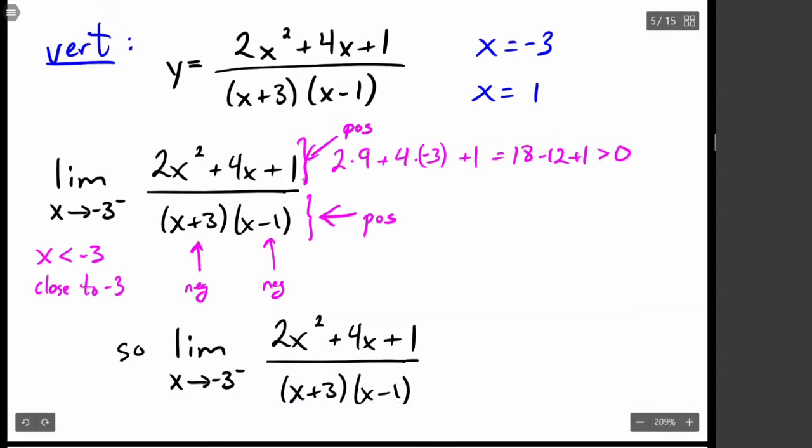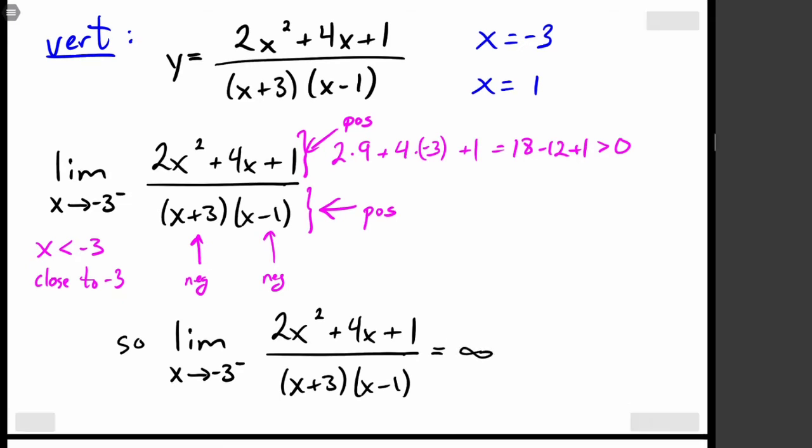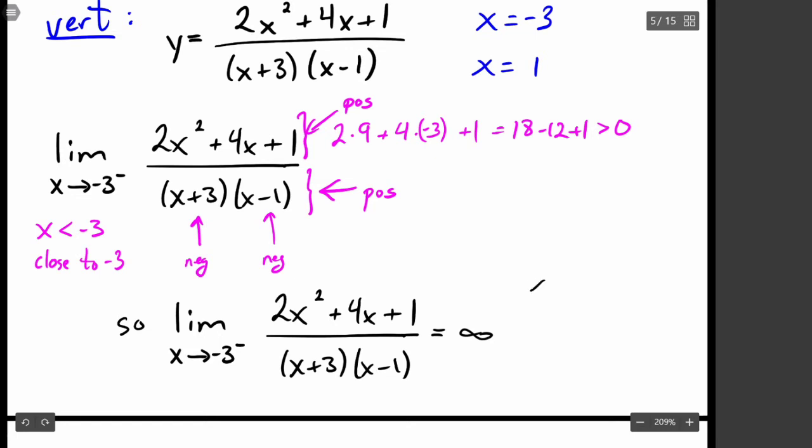We know that if we tried to just plug in negative 3, we'd get 7 over 0. So it's got to be one of the infinities, and it must be positive. Okay. So that means x equals negative 3 is a vertical asymptote.